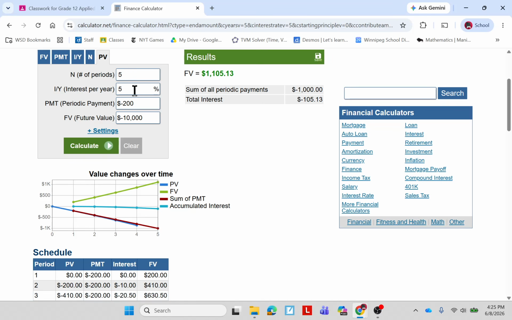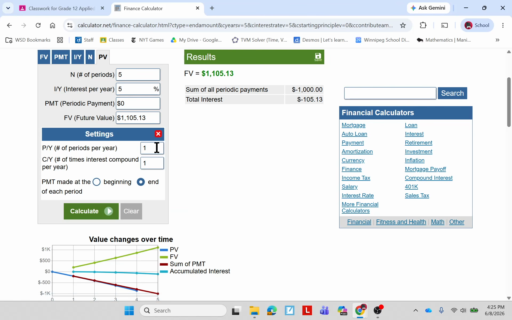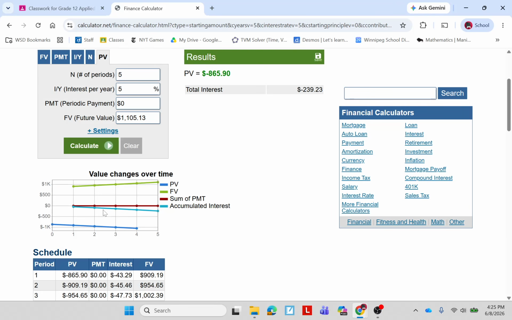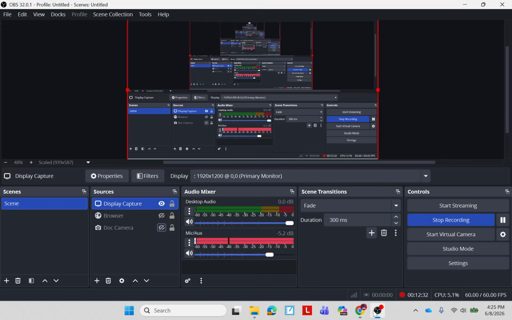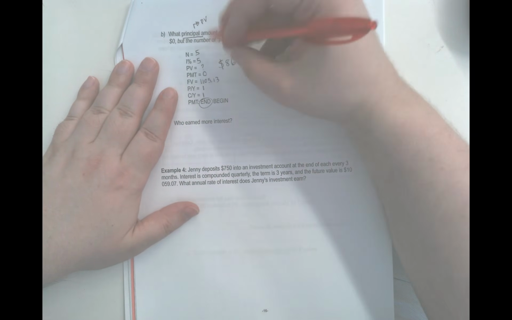So 5, interest rate is 5, payments are 0. Future value was $1105.13. He is making 1 payment per year compounded annually. When we click calculate, his present value was $865.90. So flip back over here one more time, and we can write down his present value here is $865.90.